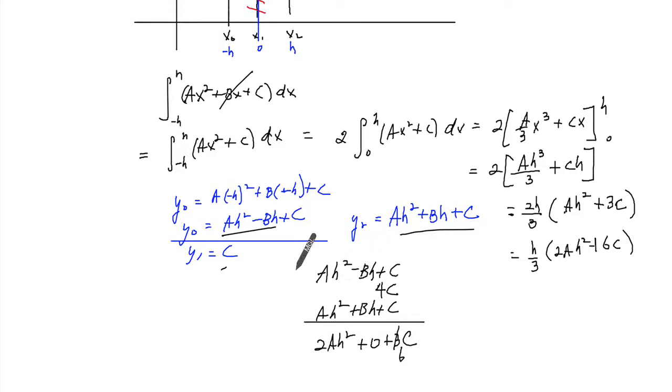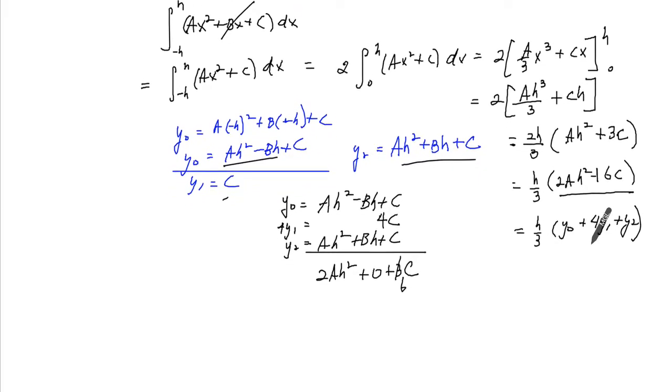Now this here is y0, this is 4y1, and this is y2. So what we have in there, we can replace with y0, 4y1, and y2.